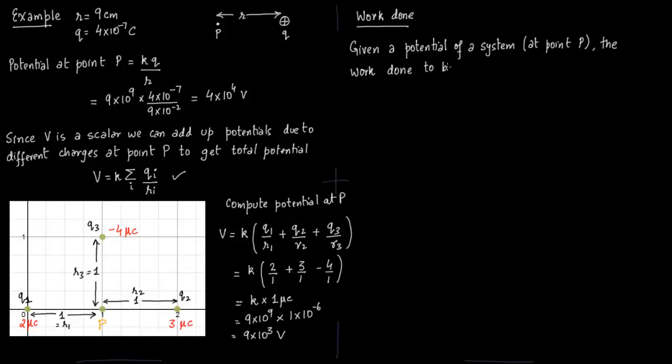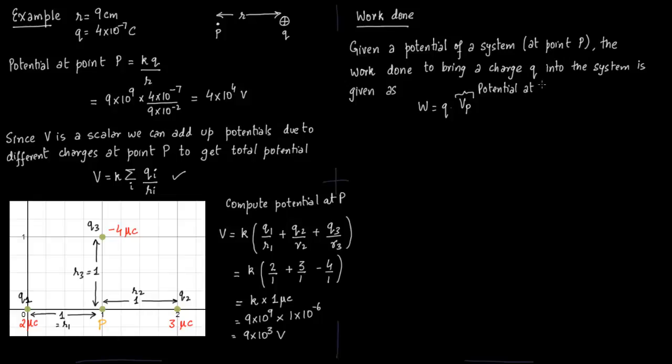The work done to bring a charge Q into this system which has electric potential is given as: work done is Q times the potential at point P.